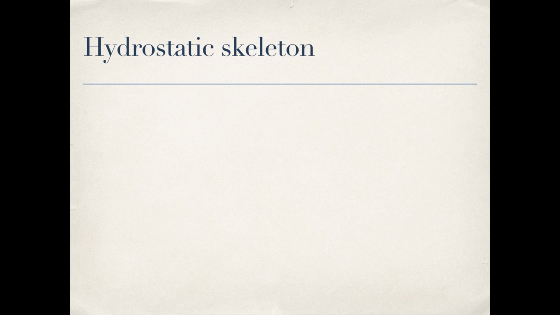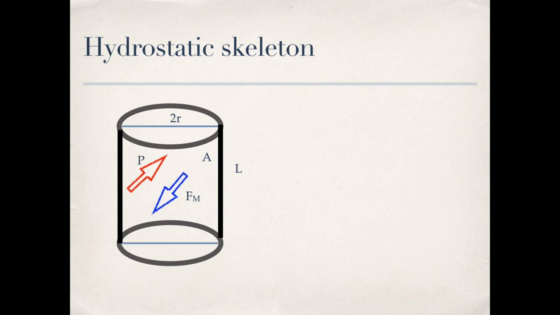So let's now consider an ideal sketch of the body of that animal. It is a cylinder, and we have its skin, which are those thick black lines, and there is an external pressure exerted on the animal, which is balanced by an internal force within the body of the animal.